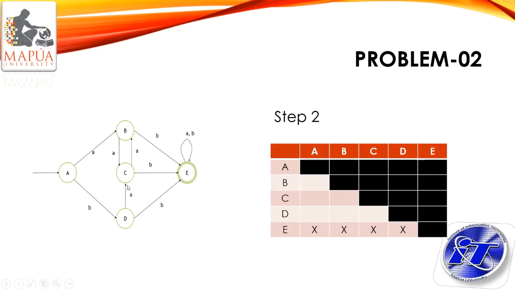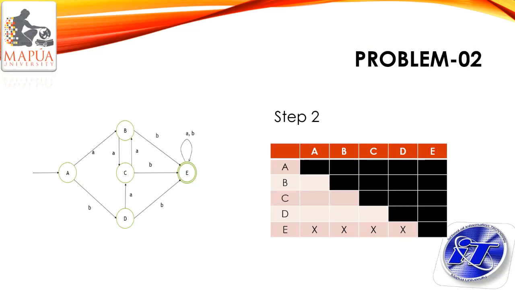CE, non-final and final, so mark it. And DE, non-final and final, so let's mark it. Now let's proceed with step 3. We're going to check if the other cells could be marked after determining the non-final and final cells.